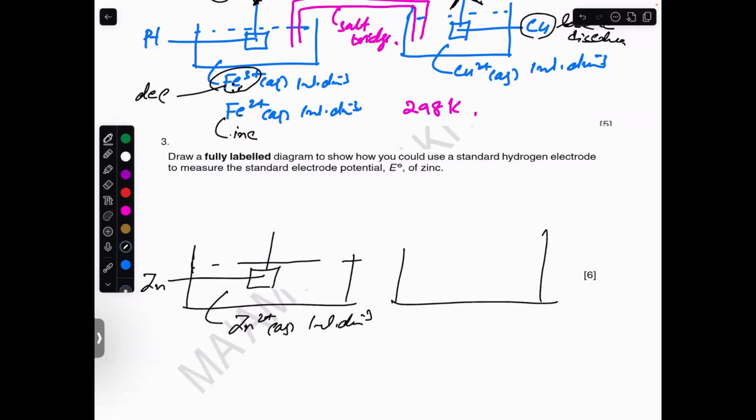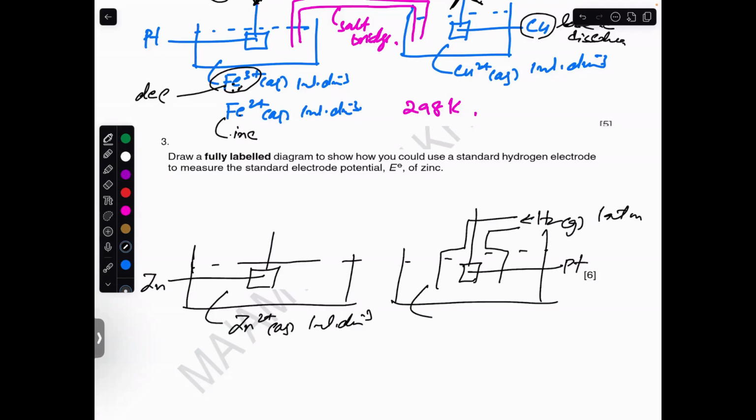And the other is the standard hydrogen electrode, platinum. This is hydrogen gas at 1 atmosphere pressure. This is H+ aqueous, 1 mole per dm³. And both are connected by the salt bridge and voltmeter.